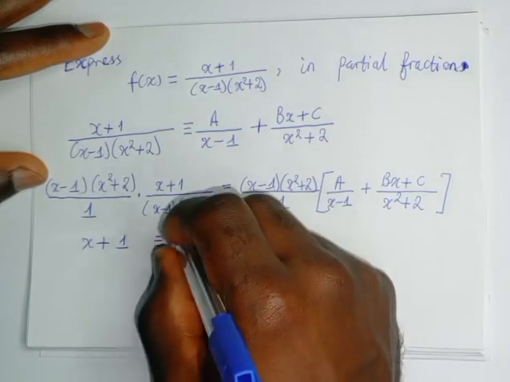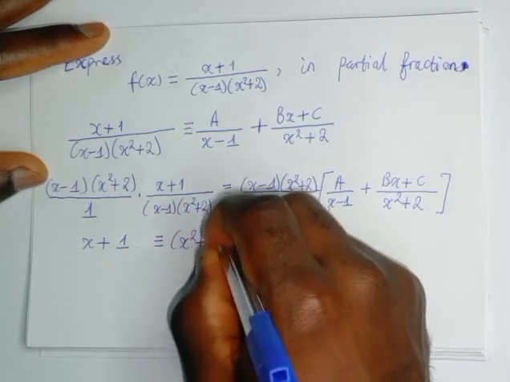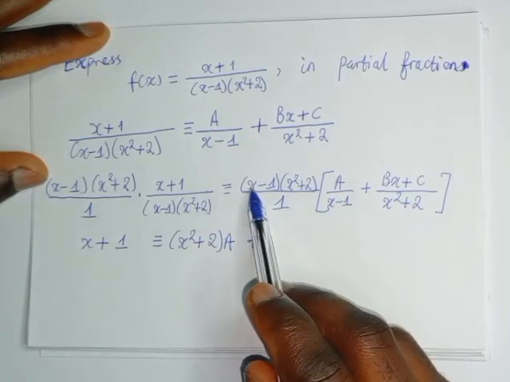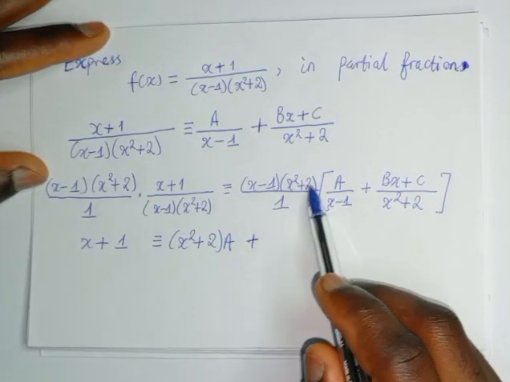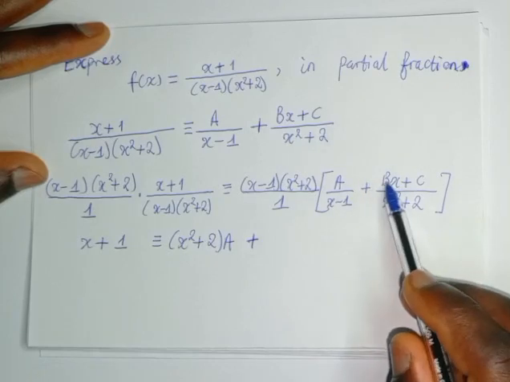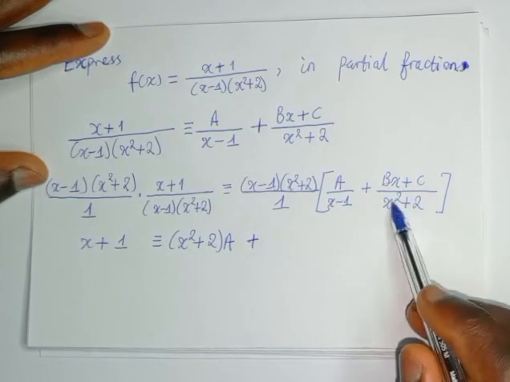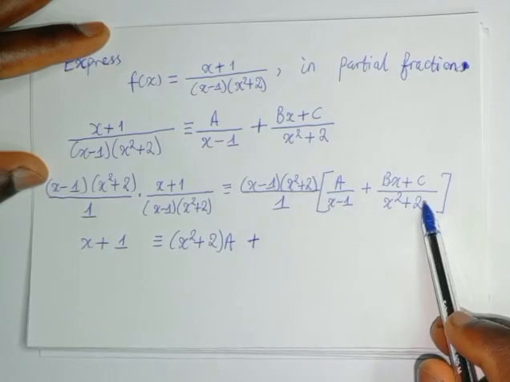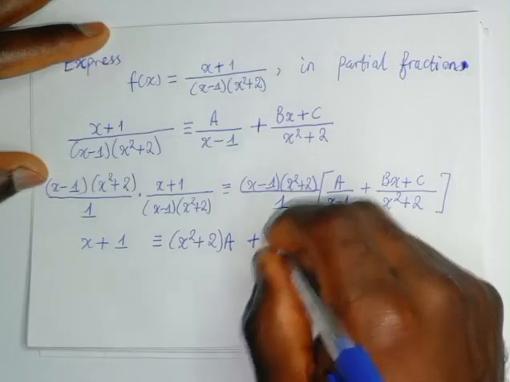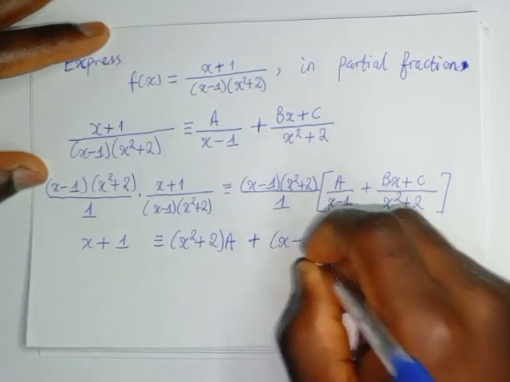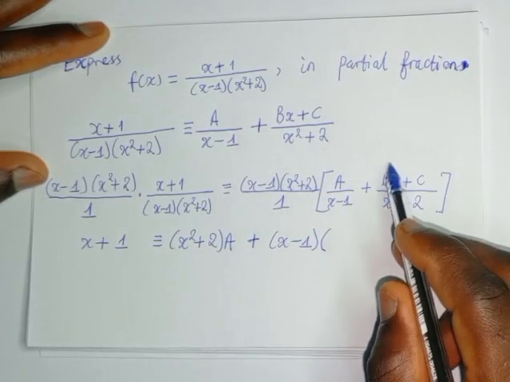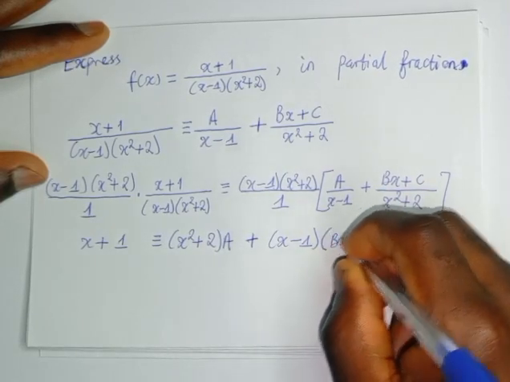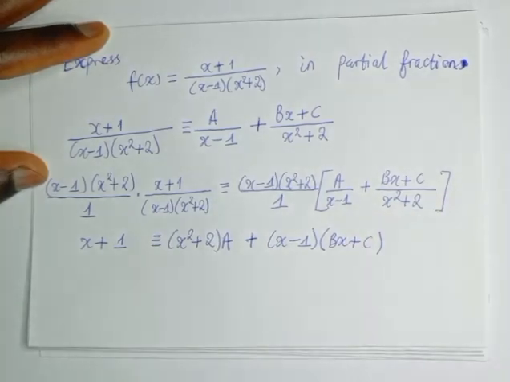We'll be left with x squared plus 2 times a plus, take x minus 1 times x squared plus 2 times bx plus c on x squared plus 2. X squared plus 2 will strike off x squared plus 2. We'll be left with x minus 1 times, we are multiplying by all this bx plus c. That's why we are putting bx plus c in brackets, like this.